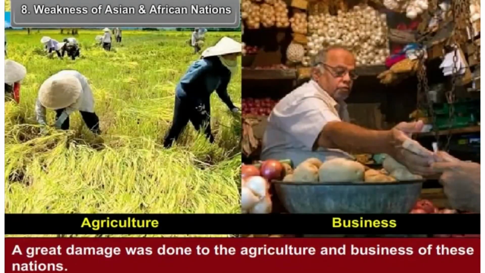A great damage was done to the agriculture and business of these nations. The societies too were divided by religions, cults, languages, etc. The European nations, being scientifically stronger, took full advantage of the limitations of these nations in the African and Asian continents and brought them under their imperial reign.